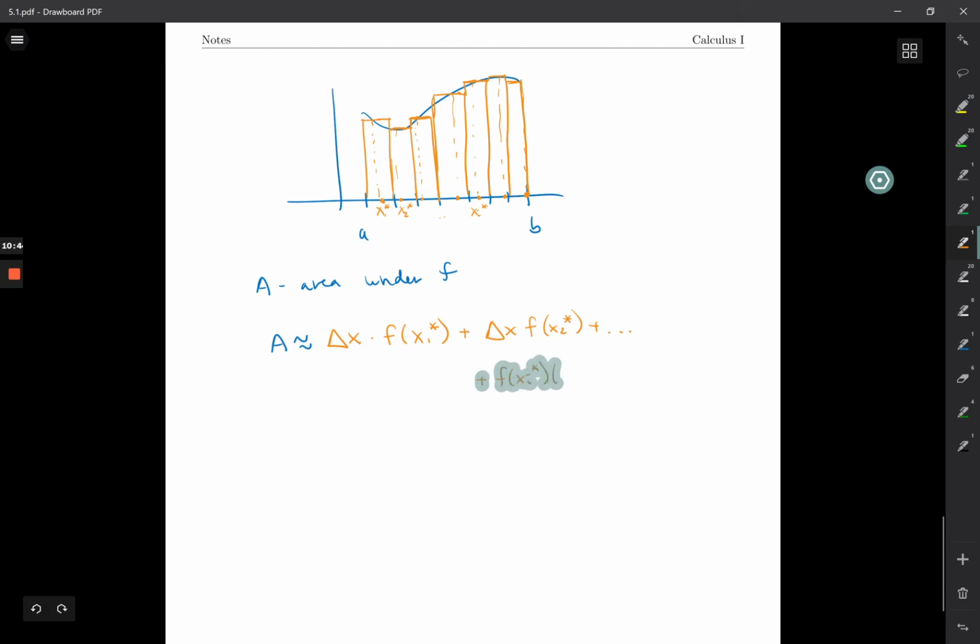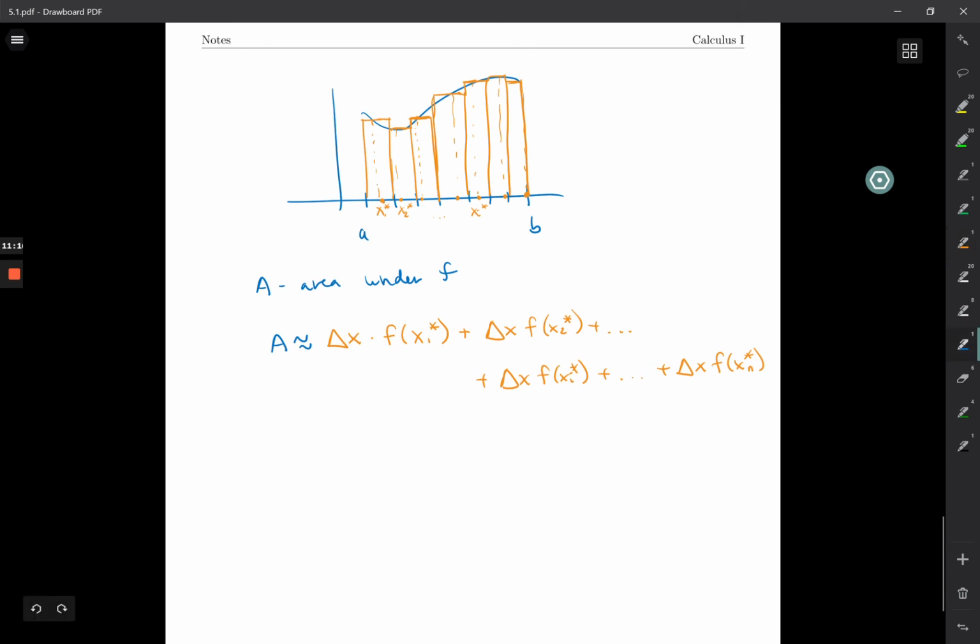Oops, I forgot my delta x. Then we would stop when we get to the last interval, and we would get delta x times f of xn star because we are at the end. And that is the sum of all of these orange rectangles that I drew.